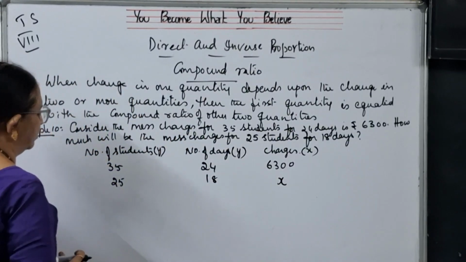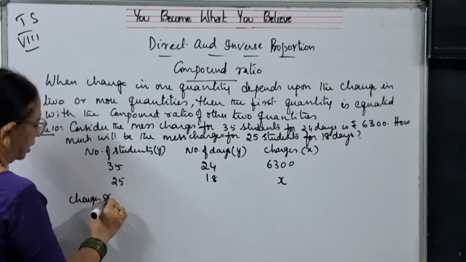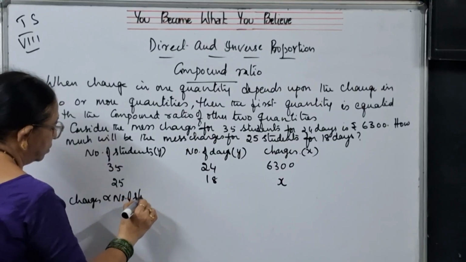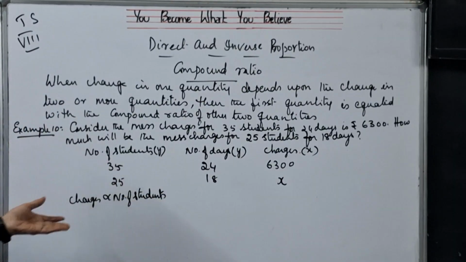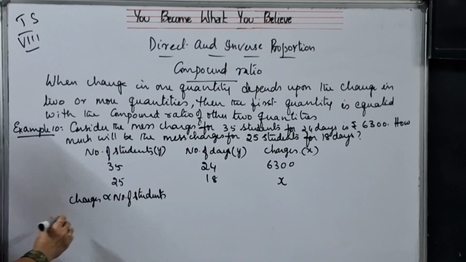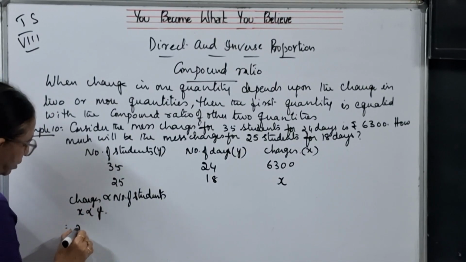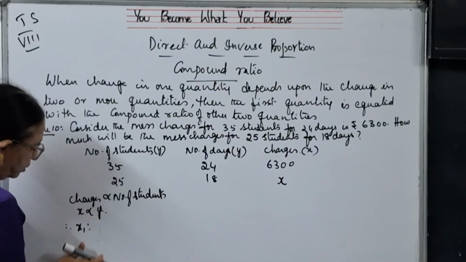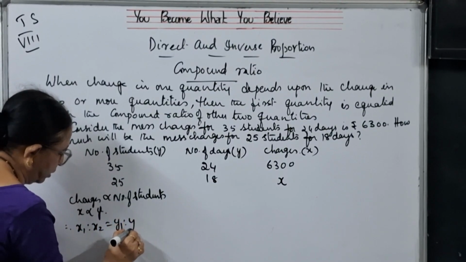So let us see charges. Charges are directly proportional to number of students. Why, children? Because if number of students increases, the charges also will increase. So we'll say that x is directly proportional to y. That means x1 is to x2 is equal to y1 is to y2.